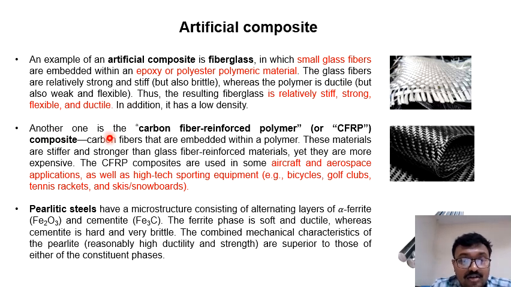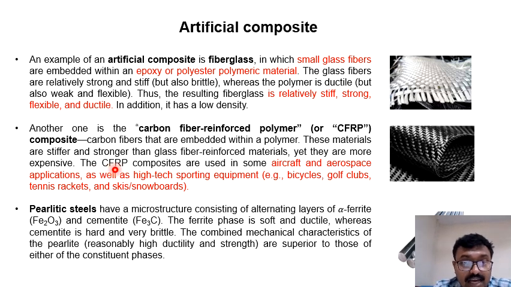Another one is carbon fiber reinforced polymer, or CFRP, a composite in which carbon fibers are embedded within a polymer. These materials are stiffer and stronger than glass fiber reinforced material, yet they are more expensive.